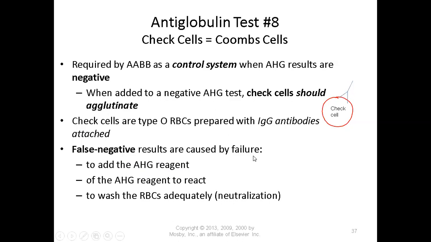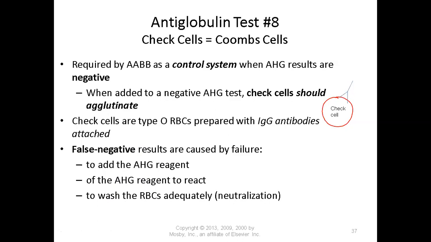Maybe we did add the AHG, but for whatever reason it is failing to react: a faulty reagent. Or the last reason, which is very interesting, maybe we failed to wash our tubes properly before we added the AHG.